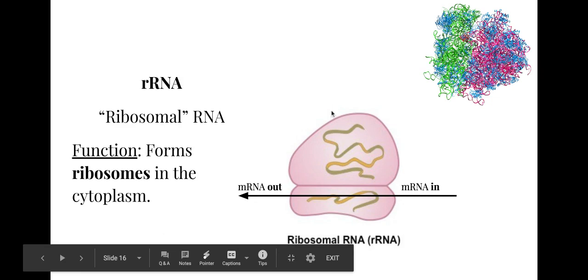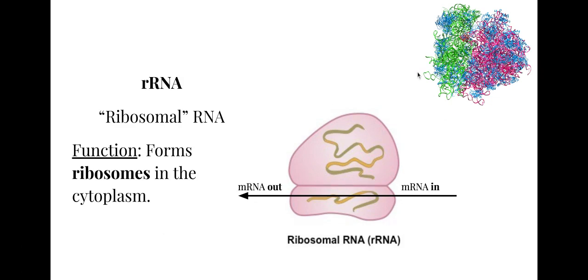Here's a fancier picture of a ribosome showing the different proteins in pink and green and the RNA in blue. You see how they interact, they really bond together to make that ribosome structure, that thing that's going to read our mRNA to figure out what amino acids we need to make our proteins.